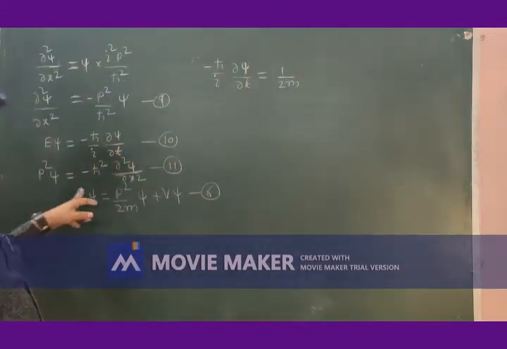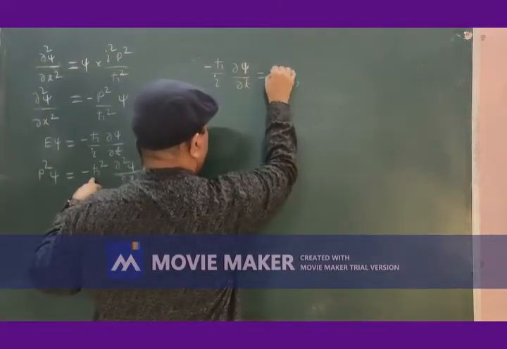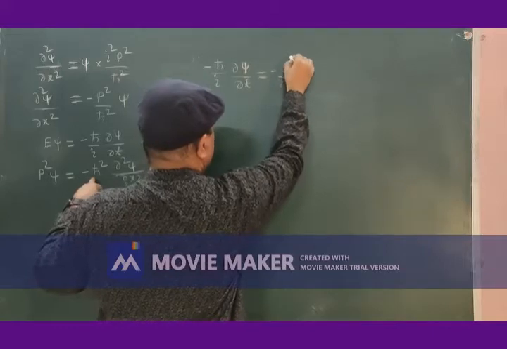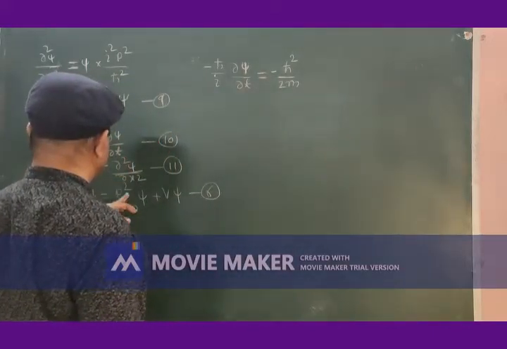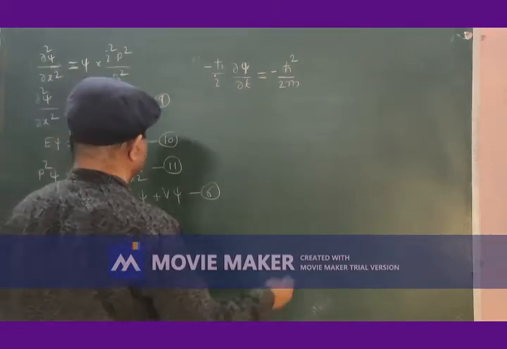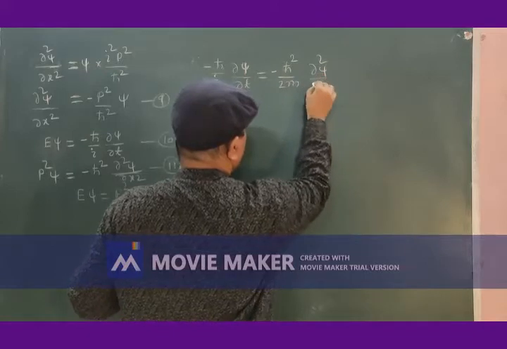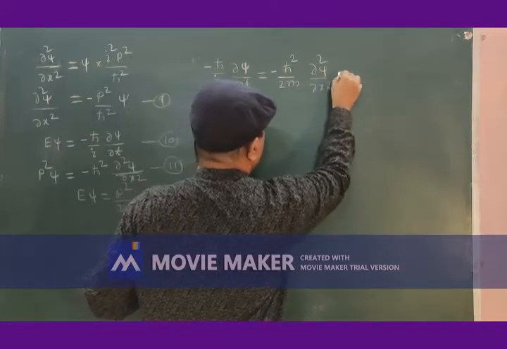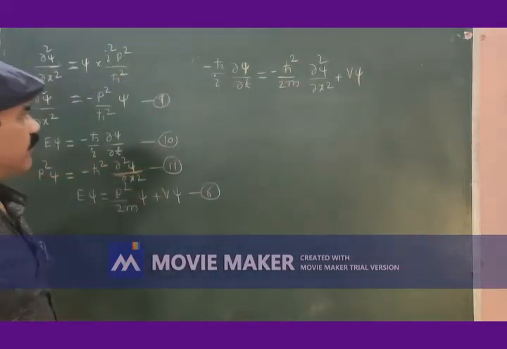For the T square psi, let me put minus here, h cross square here, and do 2 psi by 2x square, plus d psi.